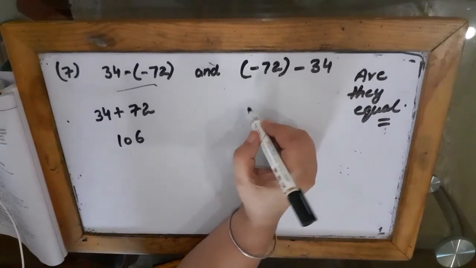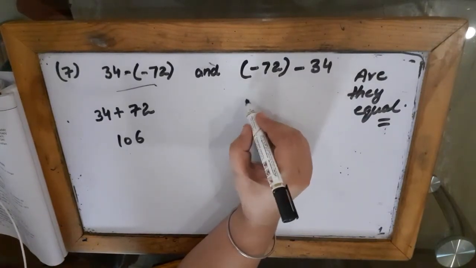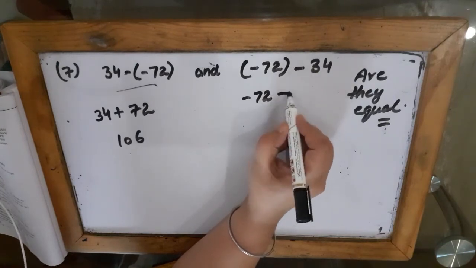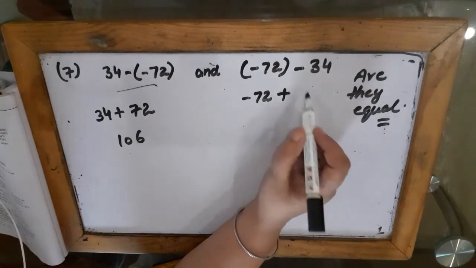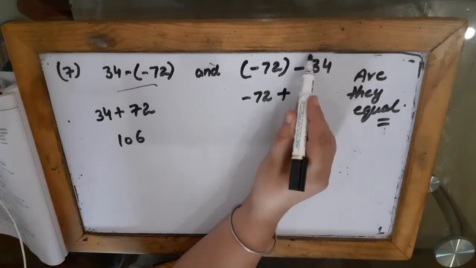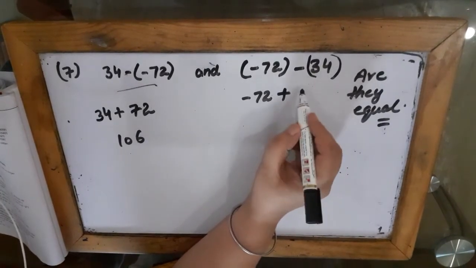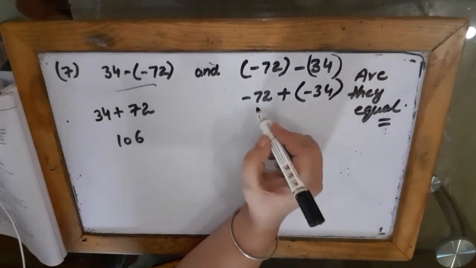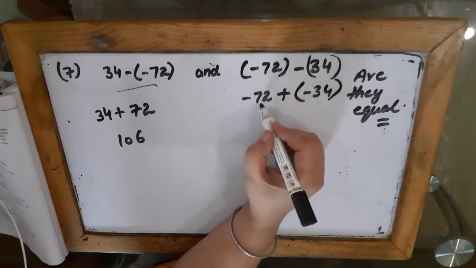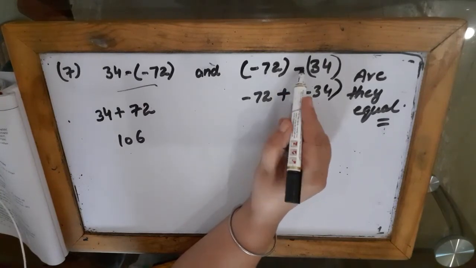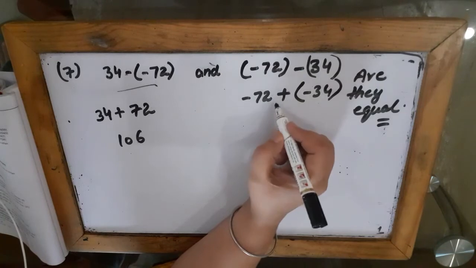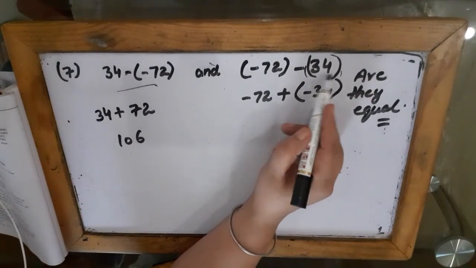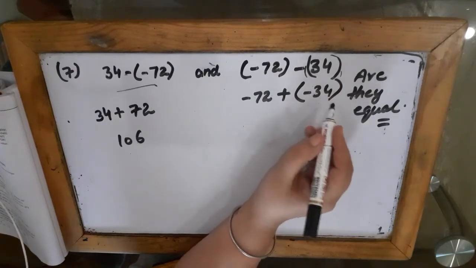Now I come to the second part. Here again you can see it's a sum of subtraction, minus 72. Leave the first number as it is. Sum of subtraction becomes sum of addition, and I'll change the sign of the second integer, which is positive 34, it will become negative 34.